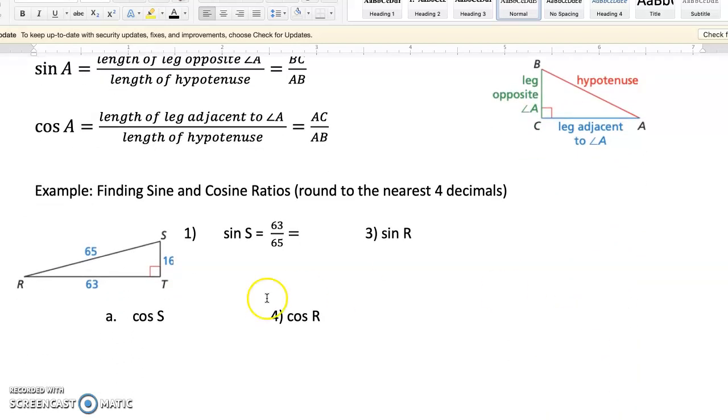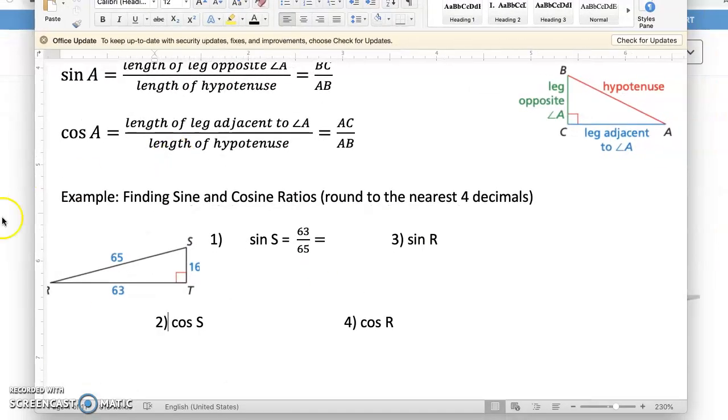Now to get to the math with sine and cosine, we are going to be setting up different fractions and then simplifying them within the calculator, once again rounding to 4 decimals. So if I wanted to figure out what the sine was of angle S, I would plug in opposite 63 in the numerator over hypotenuse 65, which is in the denominator.